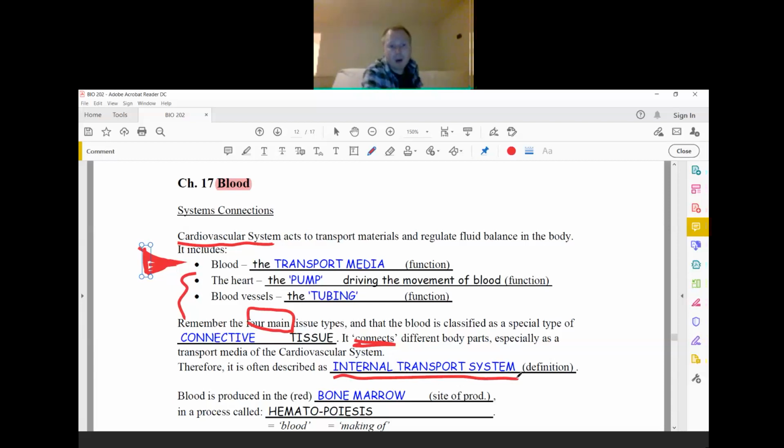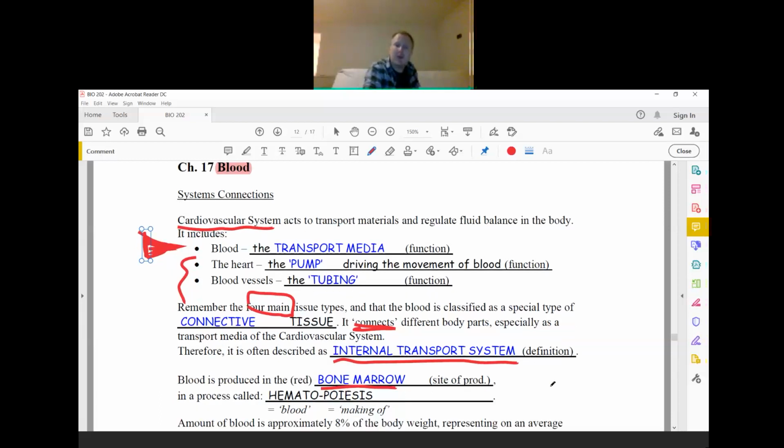Where is blood made then? Well, blood is made within the bone marrow. And here is the first time that I'm going to mention these 2 terms, or especially one of these terms. These are going to be important terms for us to be comfortable with. When we talk about production of the blood, and this means all of the blood, not specifying one particular component of the blood, we talk about hematopoiesis.